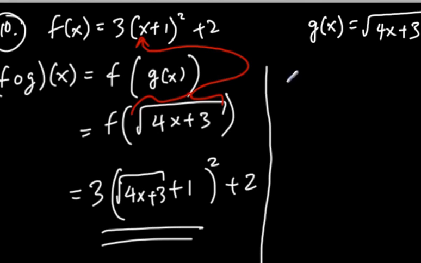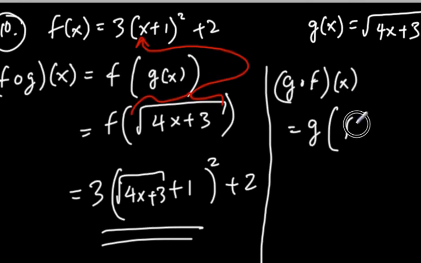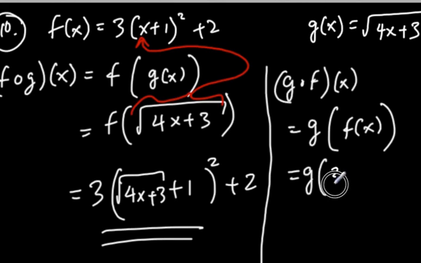Now, if we want g of f of x, f of x is that expression there, so it's g of 3x plus 1 squared plus 2.